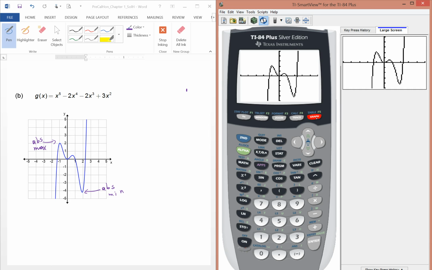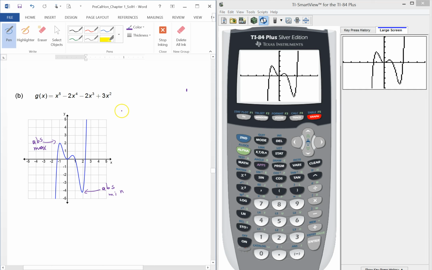Okay? And you can go in and, using your second calc feature, you can find the value. So what is the value for the absolute max? f of -1 equals 2. But for the absolute min, I don't think you can.